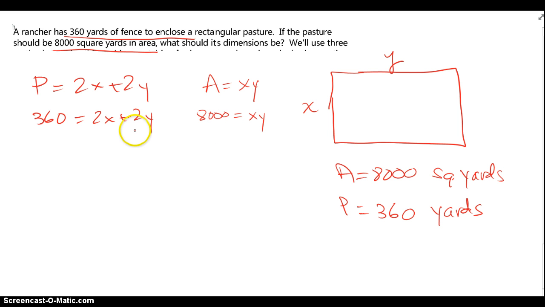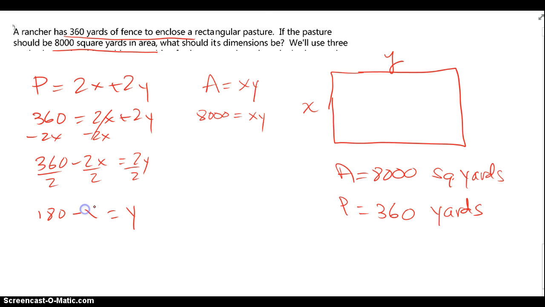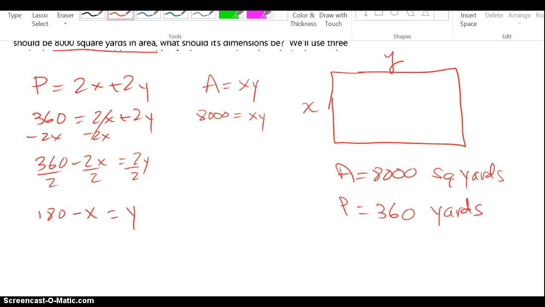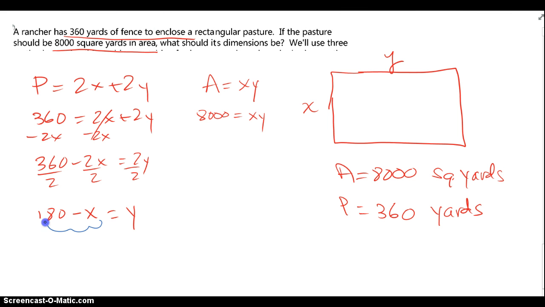What I'm going to do is use this to find what y should be, and that's going to be 360 minus 2x equals 2y. Let's divide everybody by 2. That's going to be y equals 180 minus x, and then I'm going to substitute this into that y.